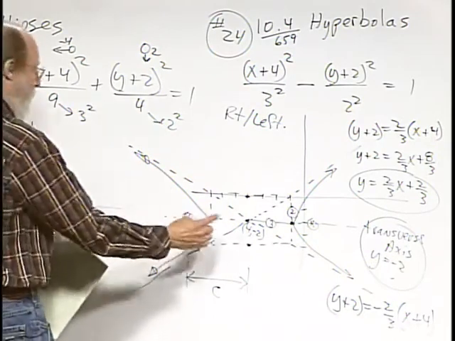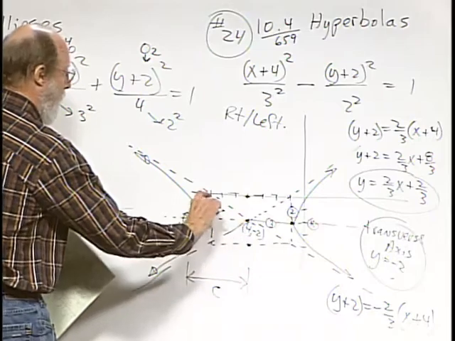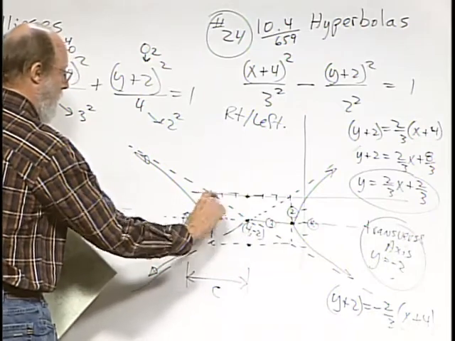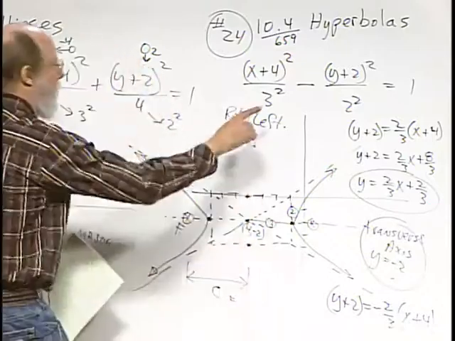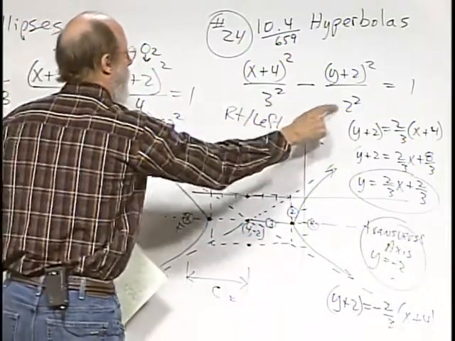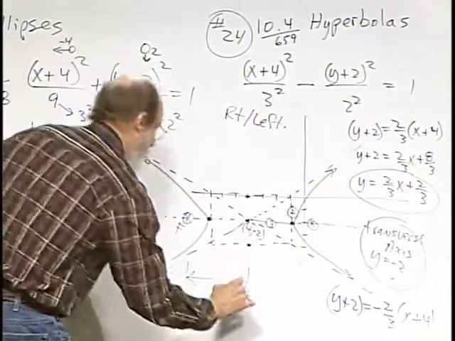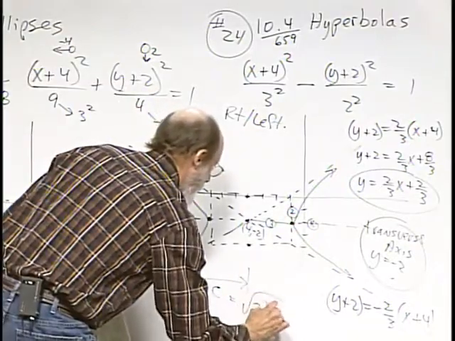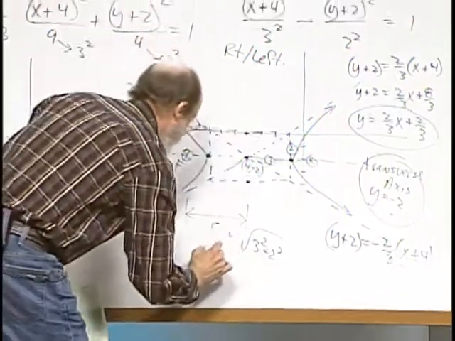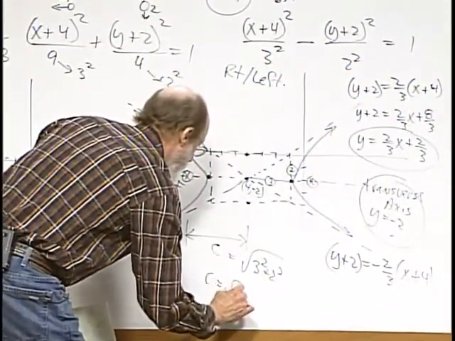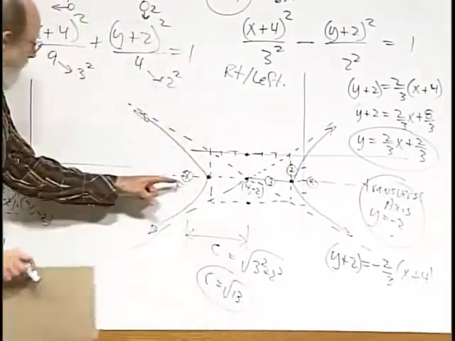What it is, it's obviously longer than the 3 or the 2 on your rectangle. And the way you find that is all you have to do is look at the sum of what you see here in the denominator. The square root of 3 squared plus 2 squared is the square root of 9 and 4, which is 13. So that's the distance to find the focus points.